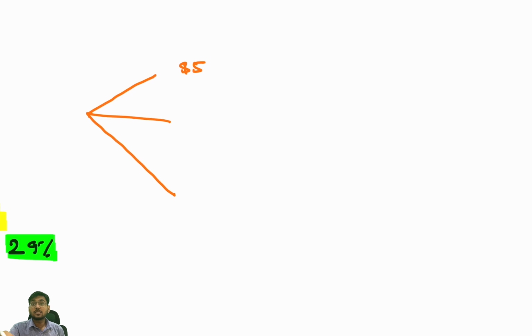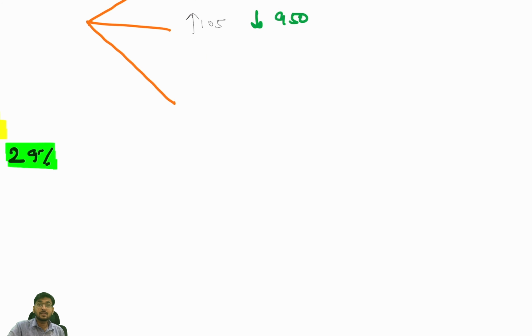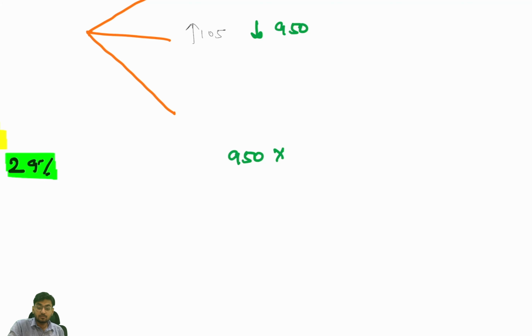selling price increased by 5%, but number of units sold also decreased by 5%. Means selling price will become 105, but number of units sold decreased by 5%. That means 950. So let us see an example. 950 is the units which you are selling at what price? 105.